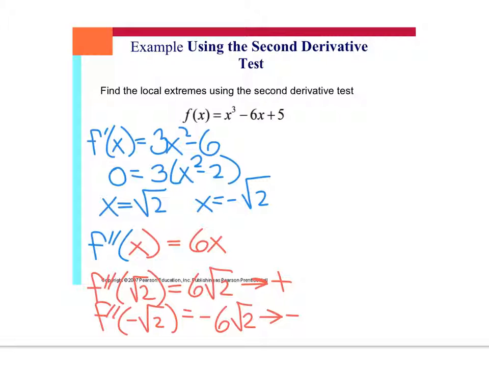So therefore, since the second derivative is positive, that means we have concave up. So therefore, we have a minimum at radical 2.